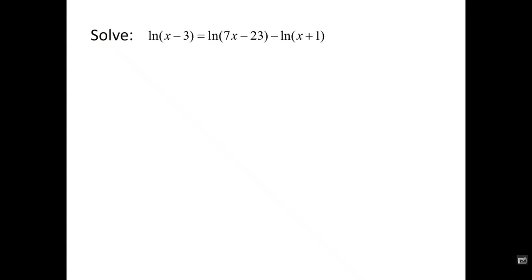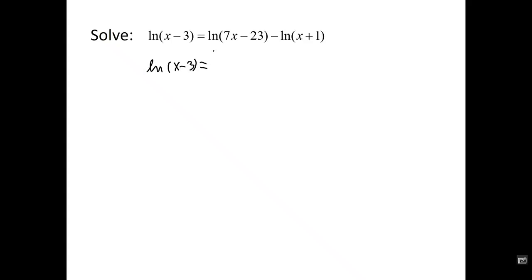All right, we have another logarithmic equation to solve here. First let's rewrite the natural log of x minus 3.